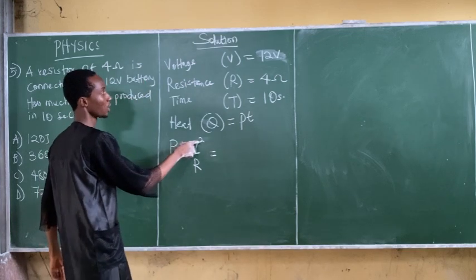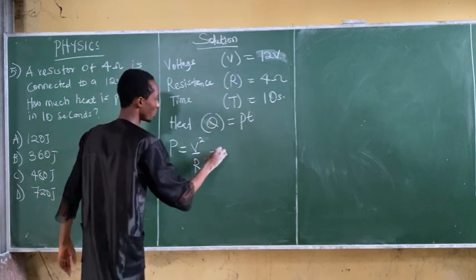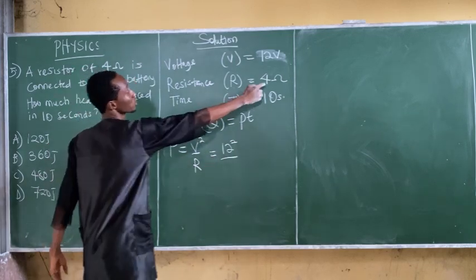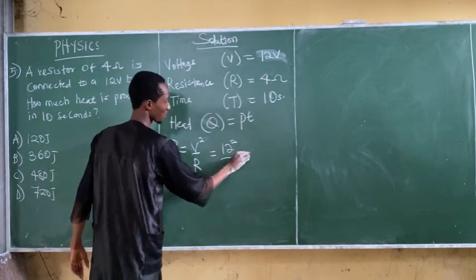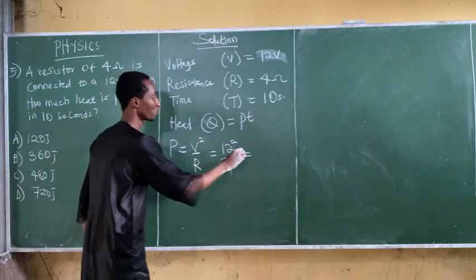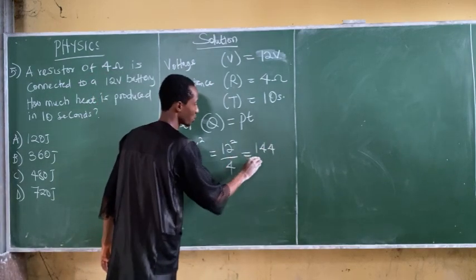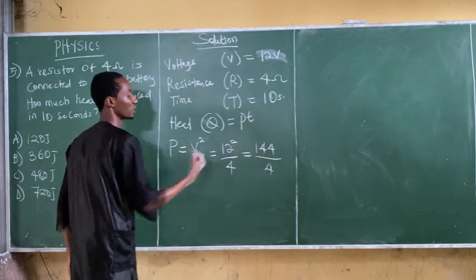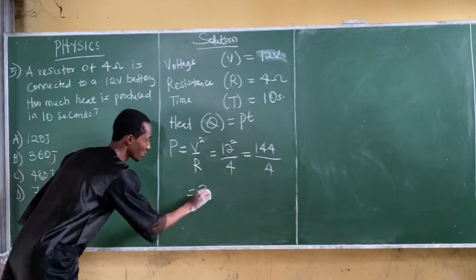For V squared, we have 12 squared divided by our R, which is 4 ohms. 12 times 12 gives us 144, divided by 4, which gives us 36.